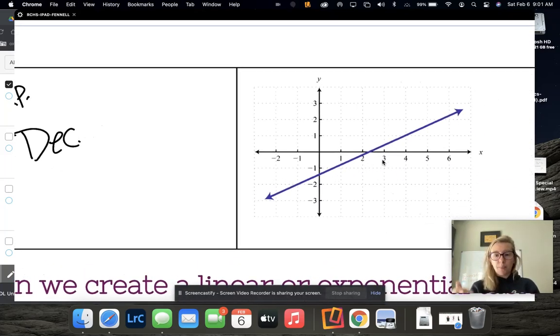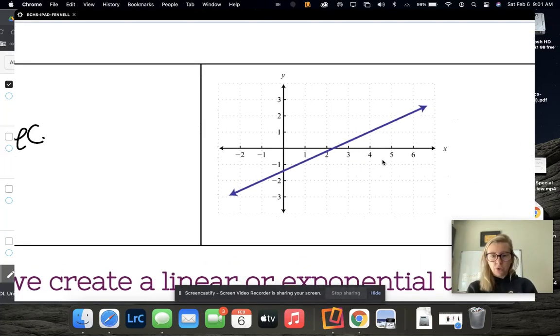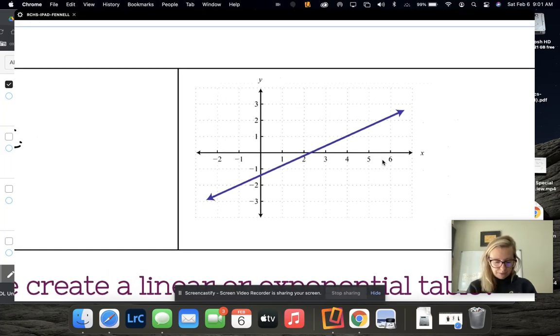Okay, so over here you have another function. Let's read it from left to right. If I were to draw a little slope triangle here between clear points, and then maybe, let's see if we can find another one. But this is changing by a constant rate of change, right? All of these are going to be equivalent slope triangles here.